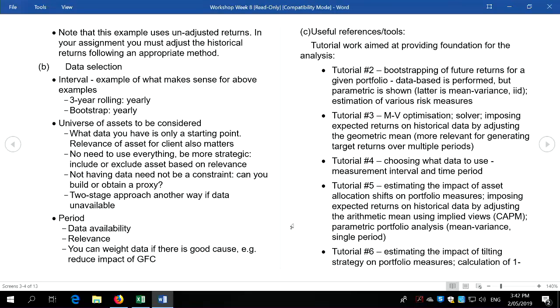Another way to build up your insight into the contribution of different asset classes to your portfolio performance is to have a baseline portfolio that includes the key asset classes. For instance, Australian equity, world equity, Australian fixed income, world fixed income, and cash.